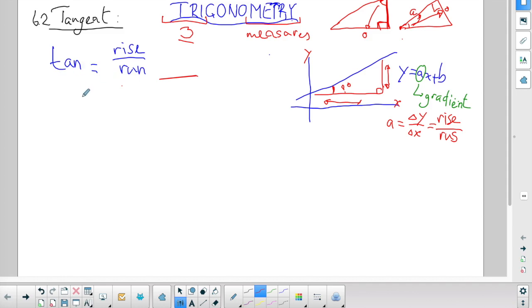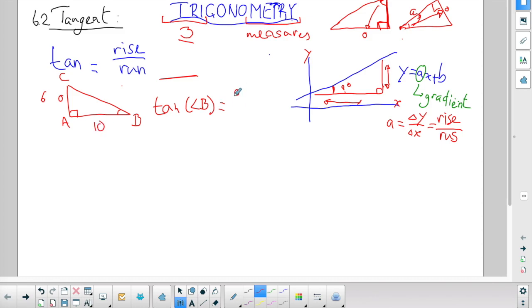So let's just take a look. I do have a triangle over here with a right angle in it. I need this, otherwise I can't tell you. And this is my angle I'm going to work on. And I say, what's the tangent of angle B? Well, it's the opposite, my rise, let's say this is 6, and let's say this is 10.